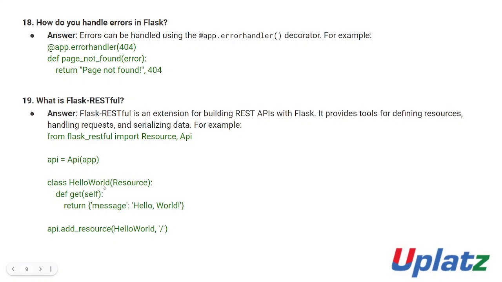Now class HelloWorld(Resource): def get(self): return {'message': 'Hello World'}. Finally api.add_resource(HelloWorld, '/'). So when the user goes to that URL, that is /home, they will get that JSON.